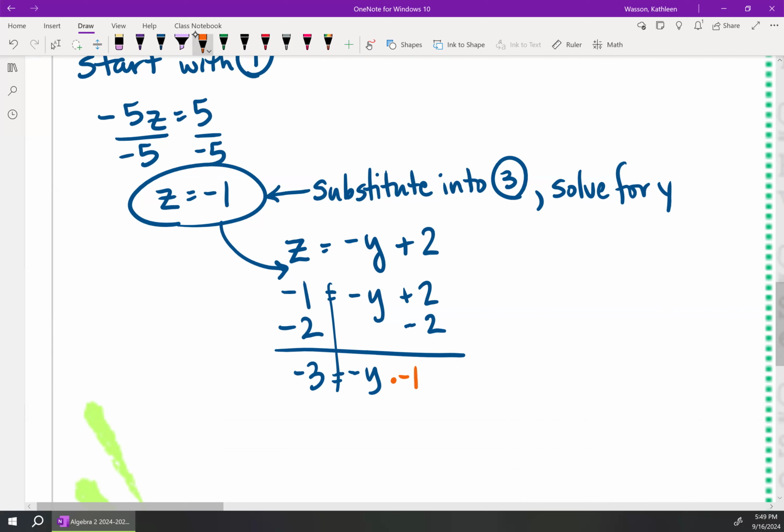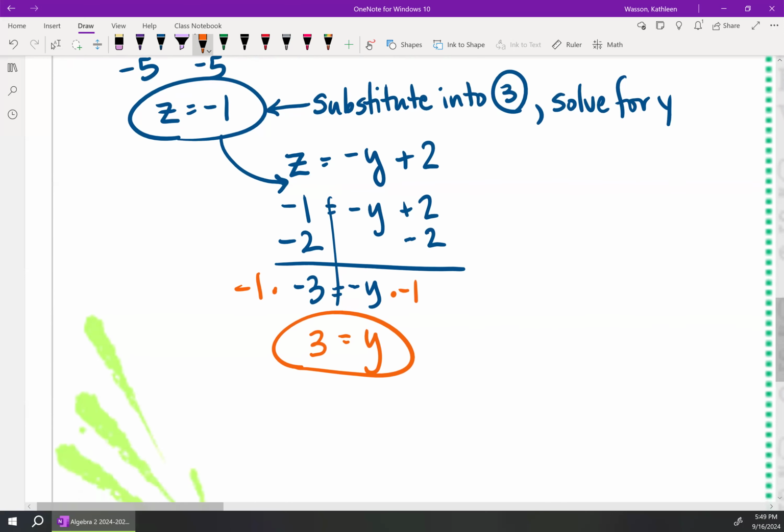I could also divide by negative 1. If I multiply by negative 1, then this changes to y. And if I multiply by negative 1 on the left side, then this is now equal to 3. So I know that z is negative 1, and I know that y is 3.